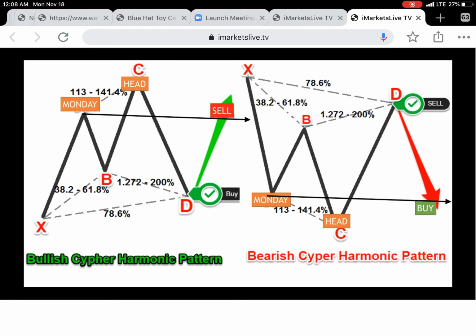Sorry about that, team. That's a 100% retracement of the letter B. Once we have D, the harmonic scanner is going to tell you to sell the D, and we can sell it all the way back down to the right shoulder of Monday.